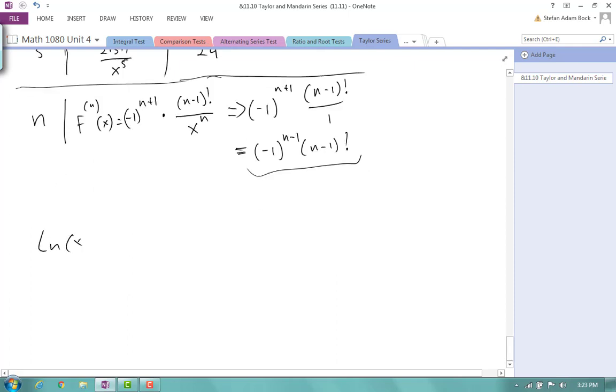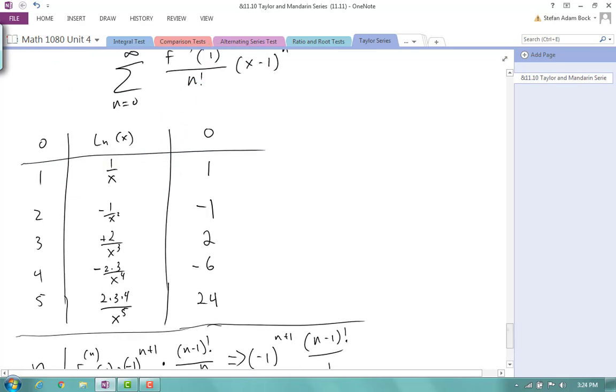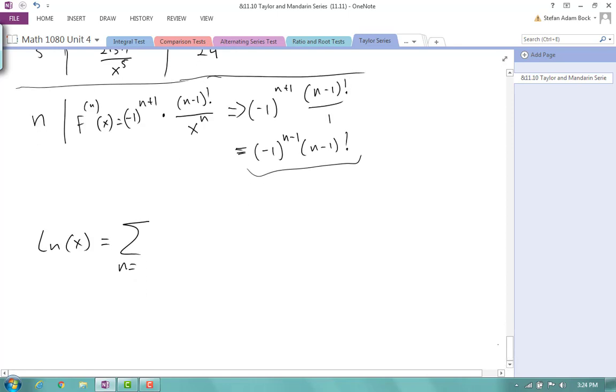Which means the natural log of x should be equal to the sum from n equals, not 0, because the n equal to 0 term was a 0. So I'll go ahead and start this at 1 up to infinity. My coefficient was negative 1 to the n minus 1 times n minus 1 factorial divided by n factorial multiplied by x minus 1 to the n.